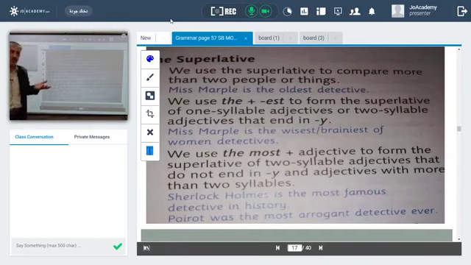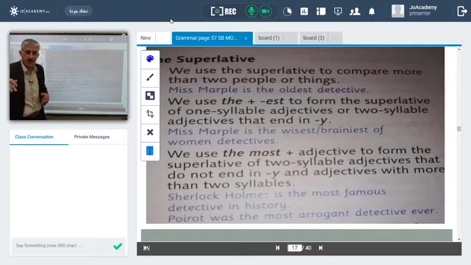So if you are comparing three, let's say Khalid, Ahmed and Yusuf, and one of them is better than the others, in this case he is the superlative. It means he is the best among the three, or four, or many.